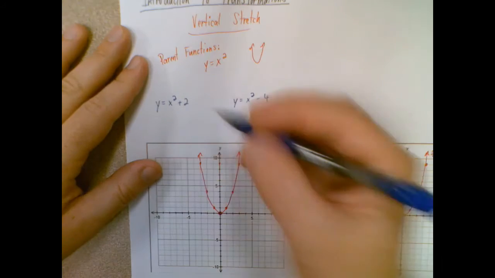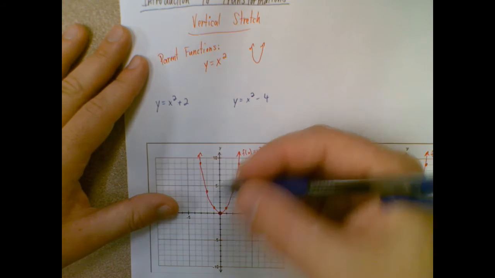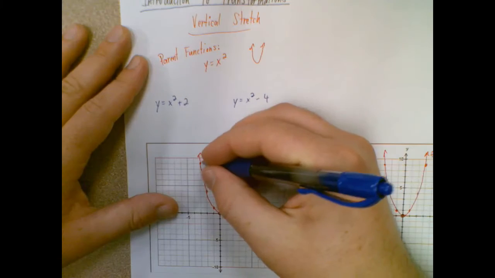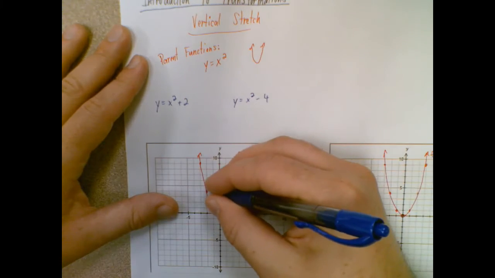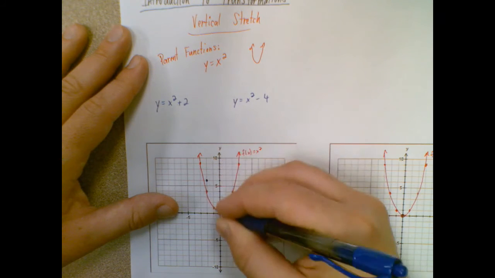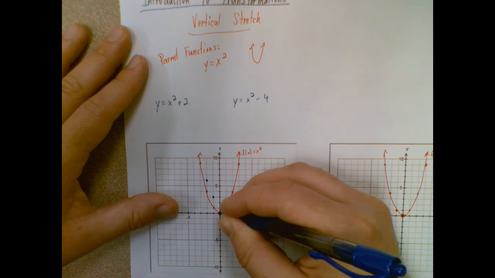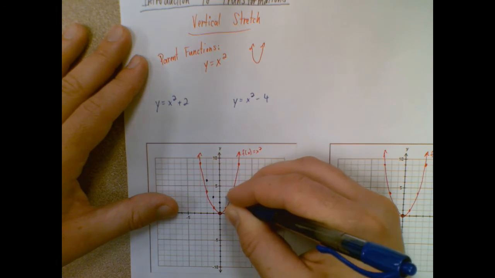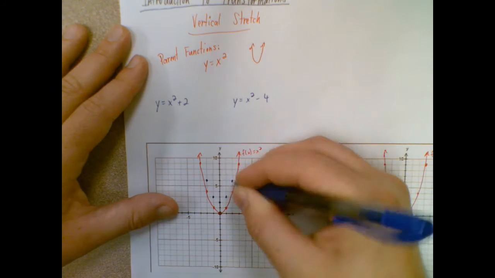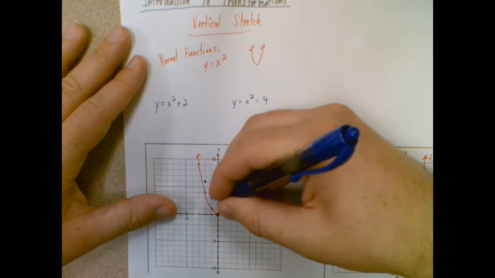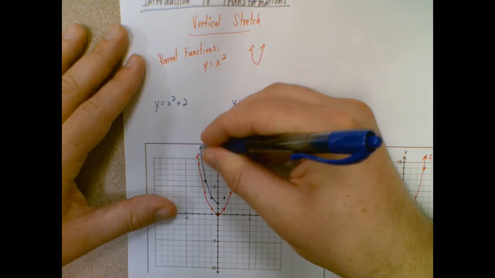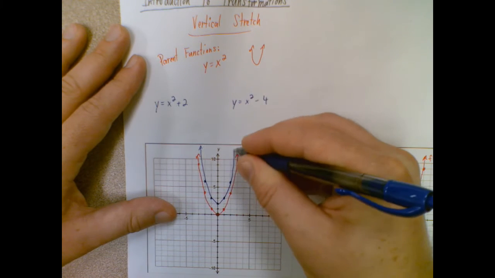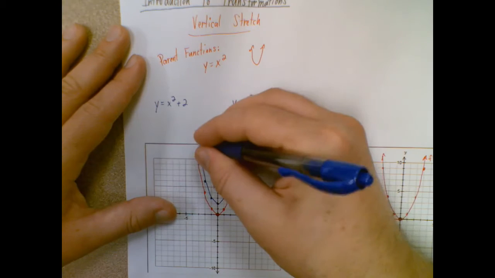If it's plus 2, I'm going to move each point up 2. So this one's going to fall off, but this one I'll move up 1, 2. This one 1, 2, and this one would also disappear. When I connect these together, the entire graph is the exact same shape, just shifted up 2.